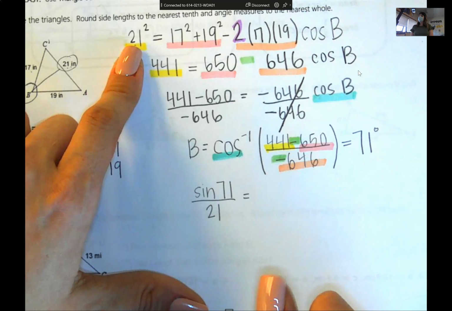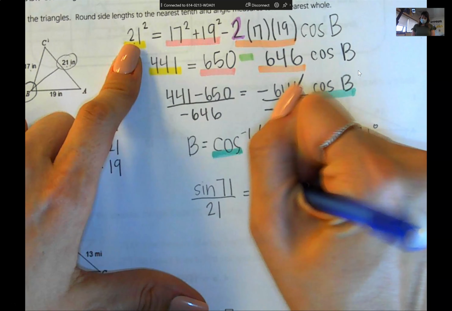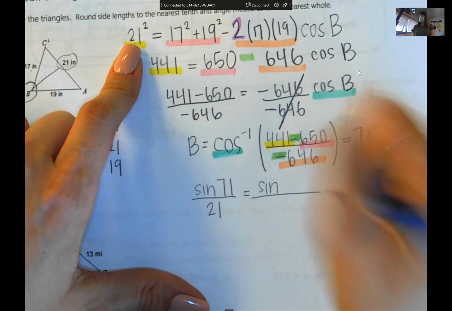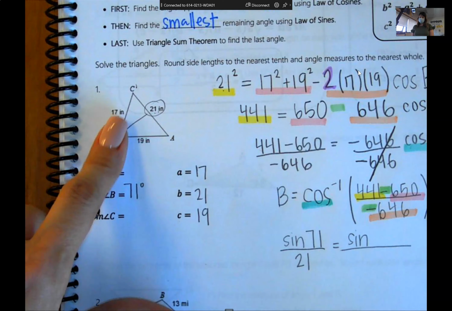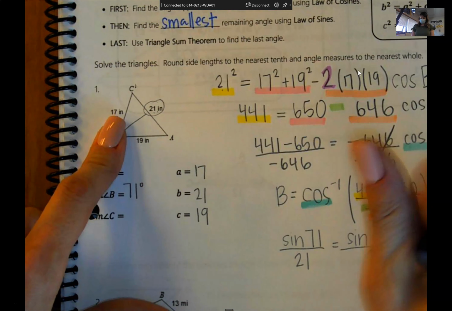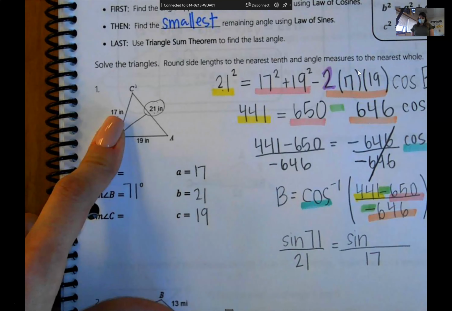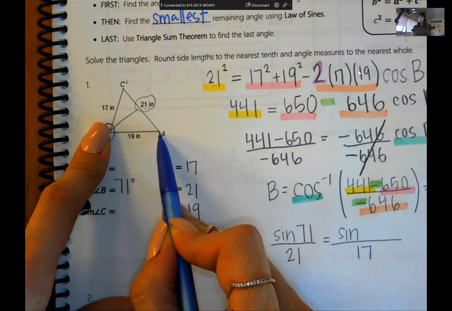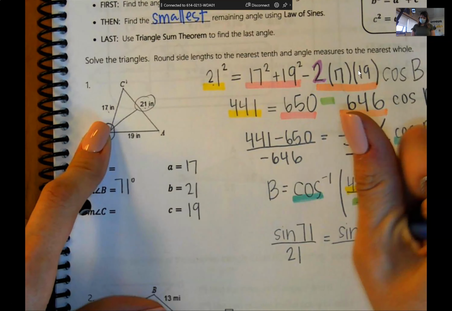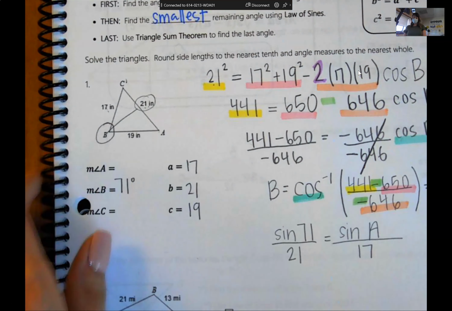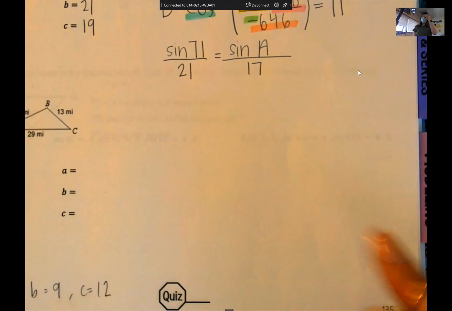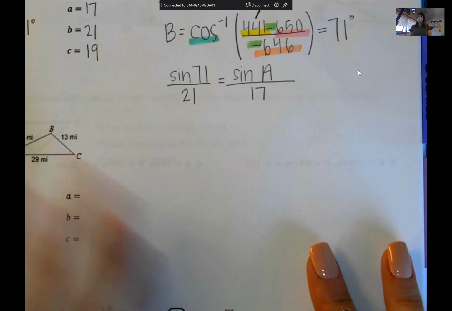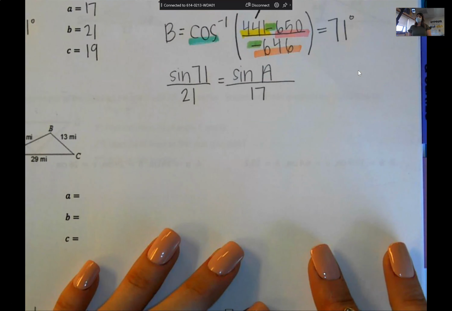Equals sine, well, I can't remember right now, but I know that I'm finding the angle that matches 17. So what letter would that be? 17 is across from A, so I am finding angle A. So this is the law of sines that we've been using for a few lessons now.